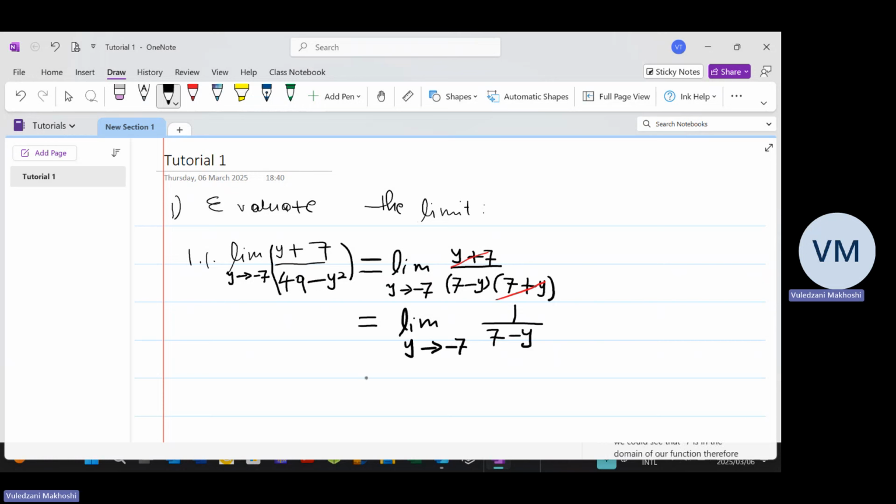Therefore, we can do the direct substitution. So this is 1 over 7 minus minus 7. And this is equal to 1 over 7 plus 7, which is 14. Like that.